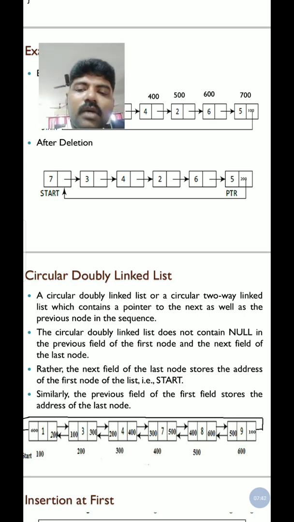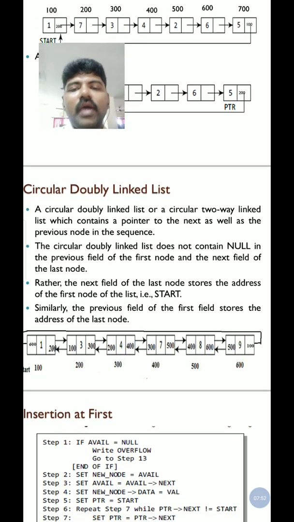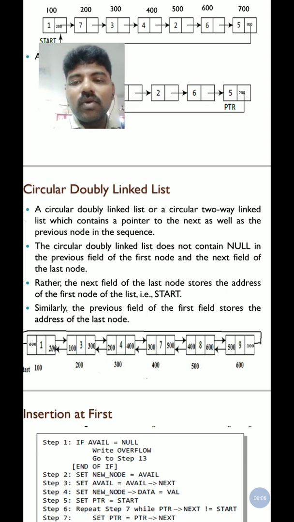Next, the circular doubly linked list does not contain null. Obviously, a circular linked list does not contain any null value. In a doubly linked list you basically have to store the null value in two places: the previous field of the first node and the next field of the last node.